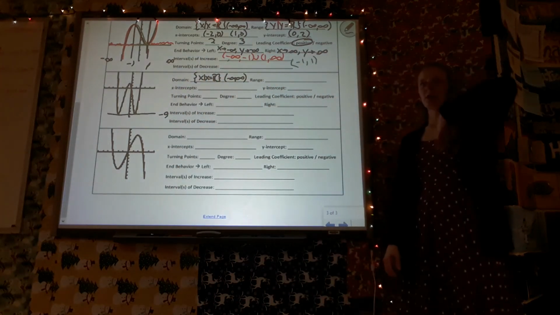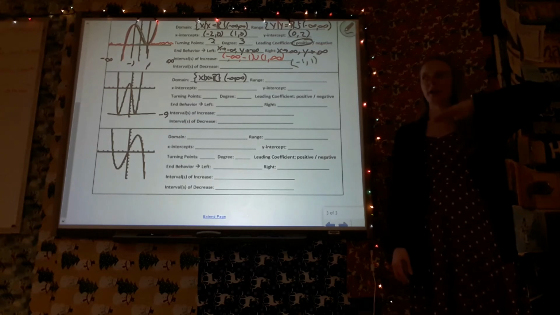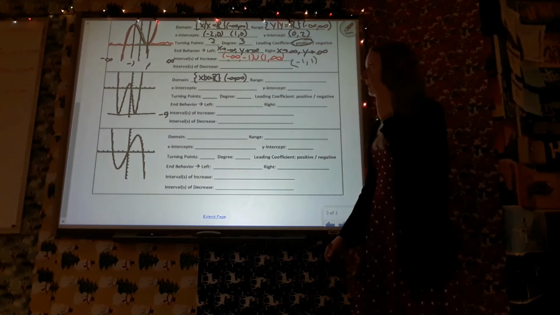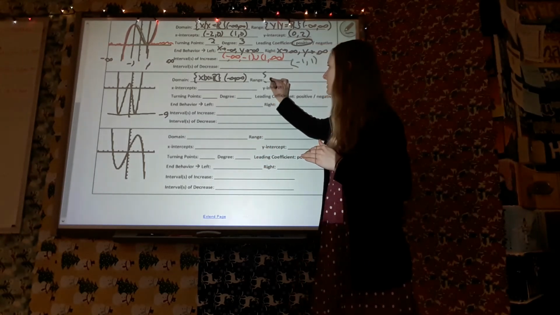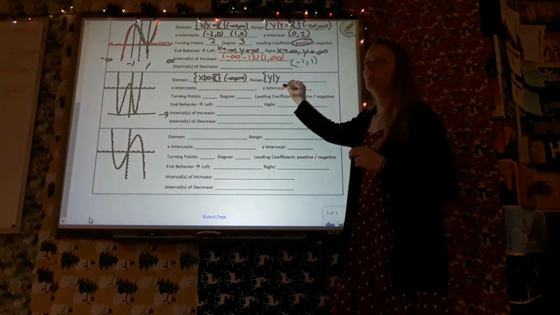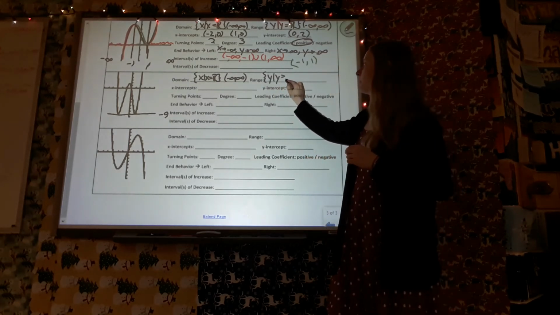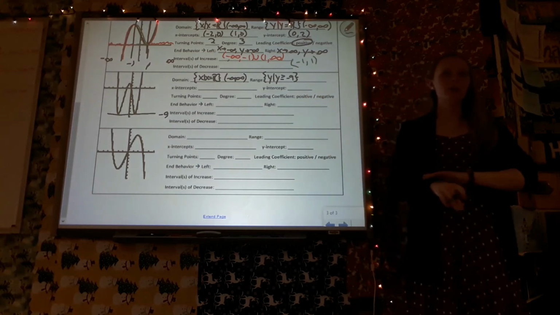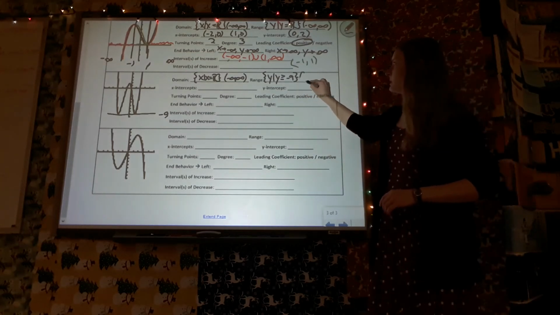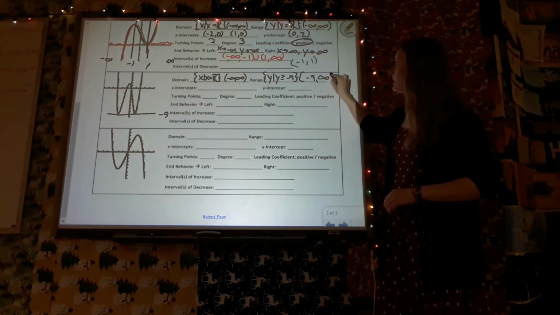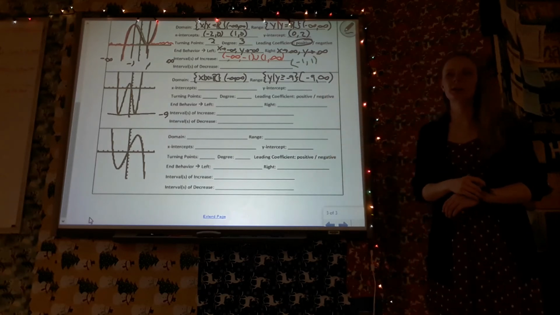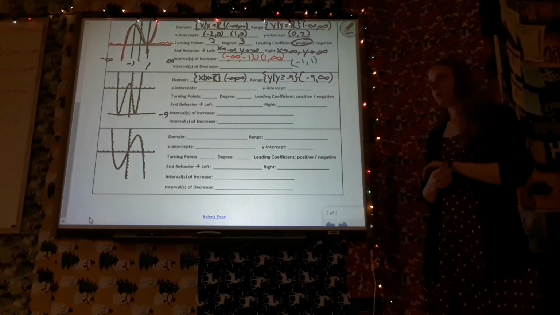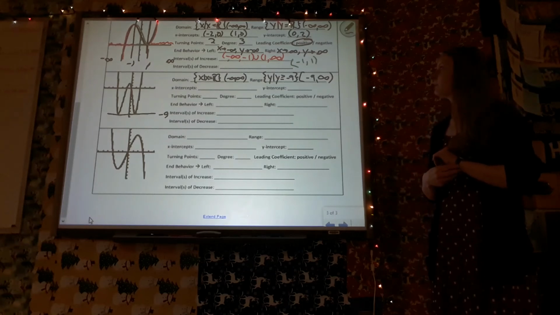Now what direction does it go in compared to the negative 9? Up. So when I write my range, it's going to be y such that y is greater than or equal to negative 9. Remember, your set notation uses inequalities. And then for your interval notation, you have the bracket around the negative 9 because it's equal to, and then positive infinity. So you read from bottom up.